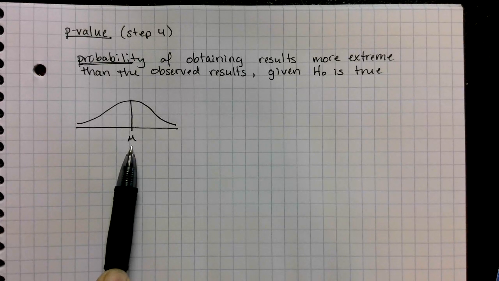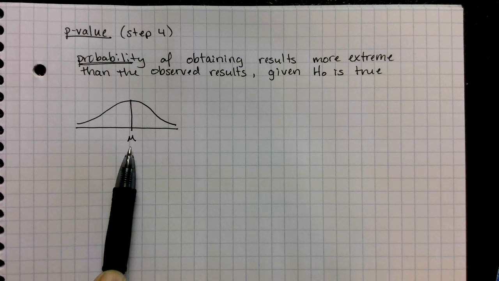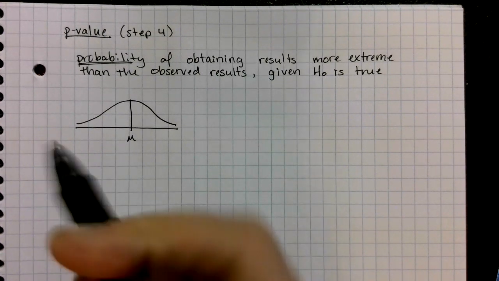Let's say this is the number of chocolate chips in a cookie, okay? Let's say that the real true mean number of chips in a cookie is 30, but let's say we're doing this experiment and we only get 12 chips in a cookie.